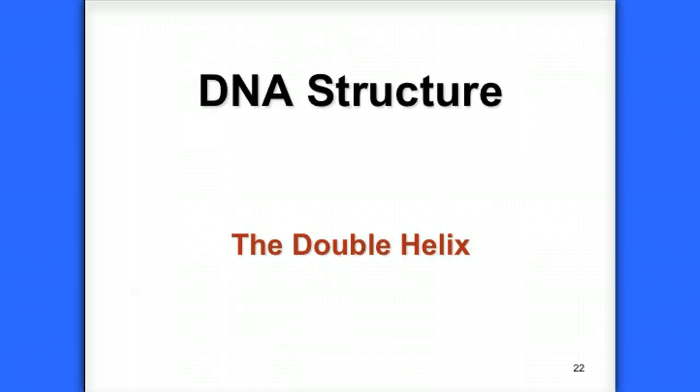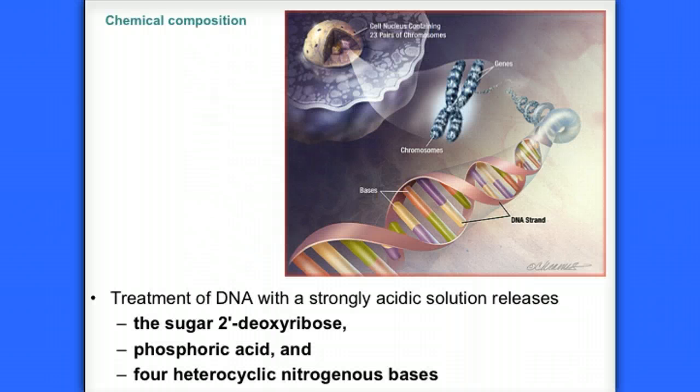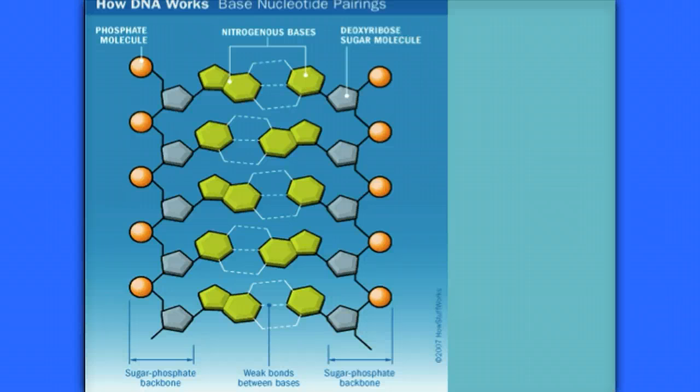And it is a double helix, 2 strands coiled to each other, containing sugar, phosphoric group, or phosphoric acid, and nitrogenous bases. The bases are in the middle, if you are able to see in green, stuck with sugar molecules in gray, and then attached to phosphorus.